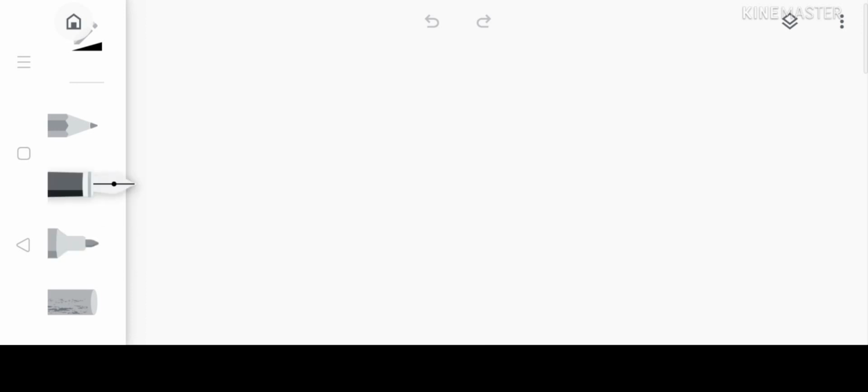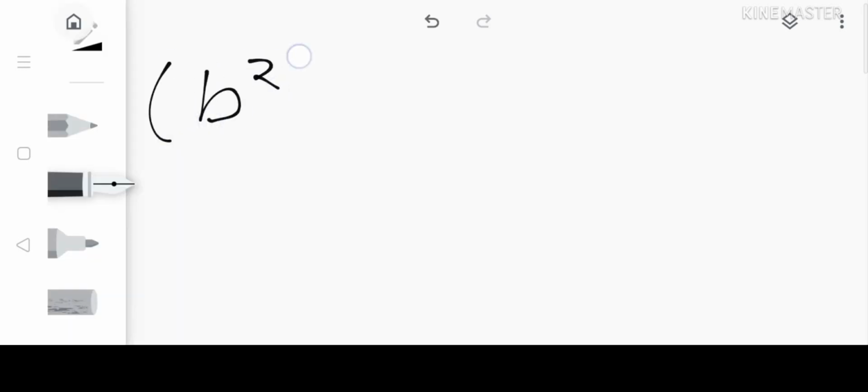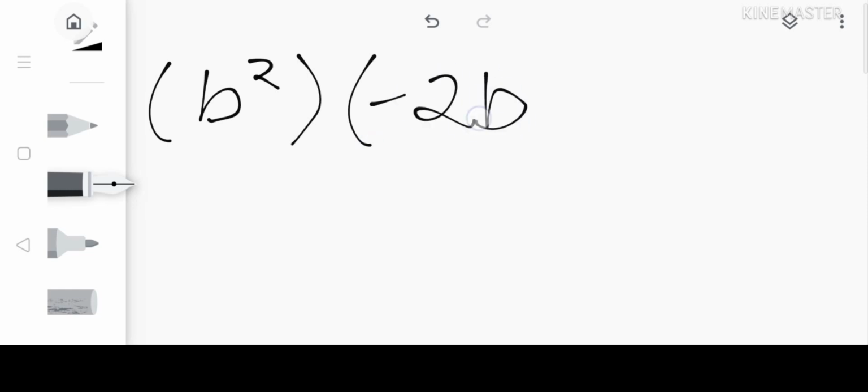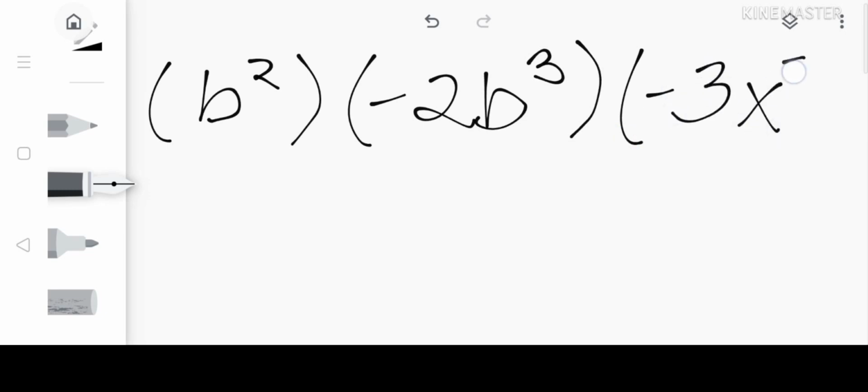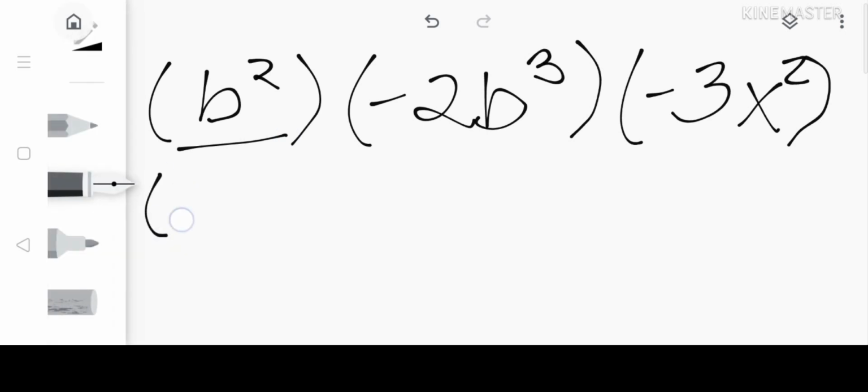Example number 1, multiply b squared, negative 2b cubed and negative 3x squared. Okay. So, in multiplying monomials, we have to multiply the numerical coefficient. So, ang numerical coefficient dito sa first term natin is 1.